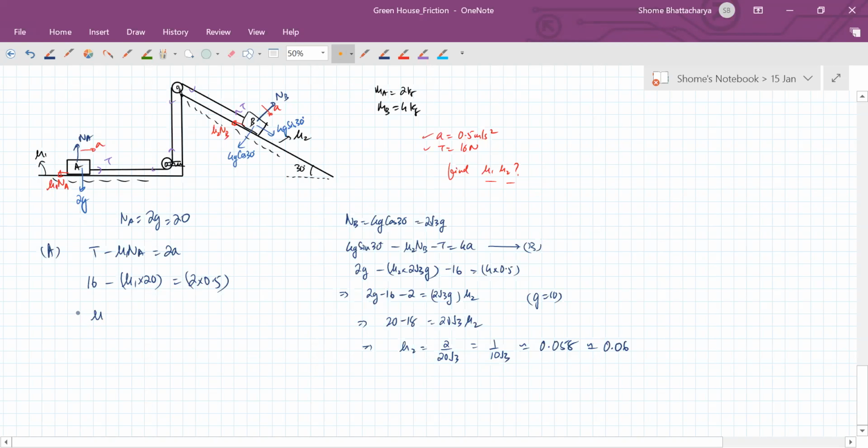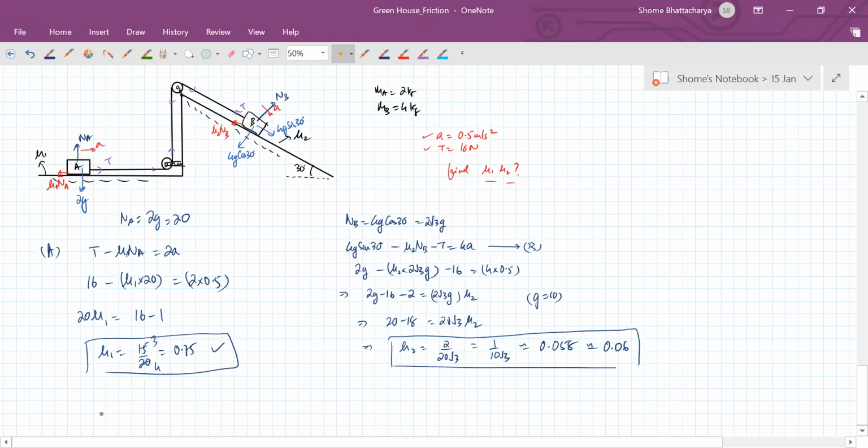So 20 mu1 is 16 minus 2, sorry, 16 minus 1. So mu1 is becoming 15 by 20 or 3 by 4 or 0.75. So these are the values. Note this down and come to question 16 next.